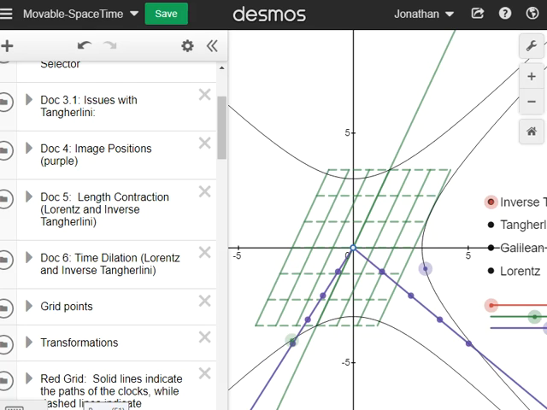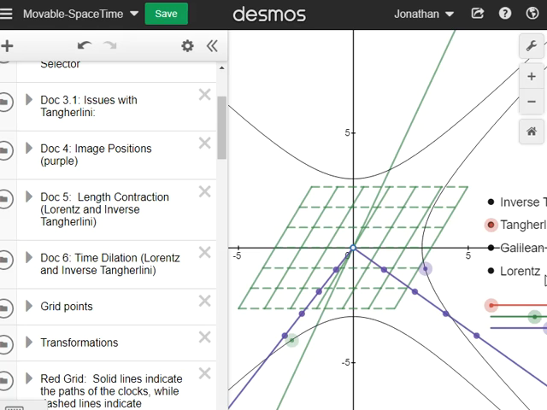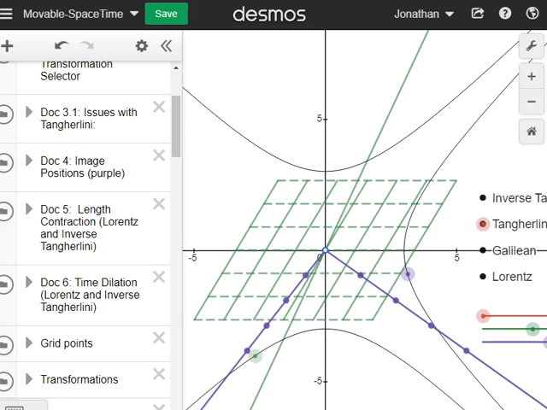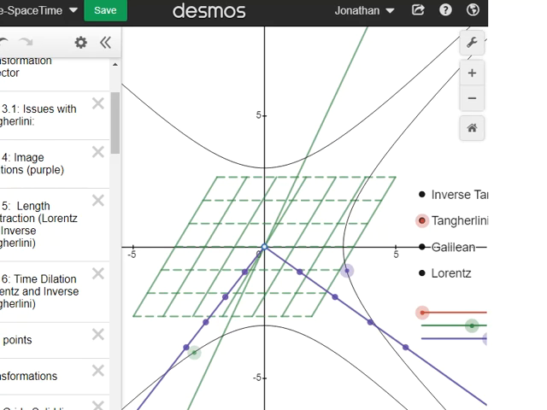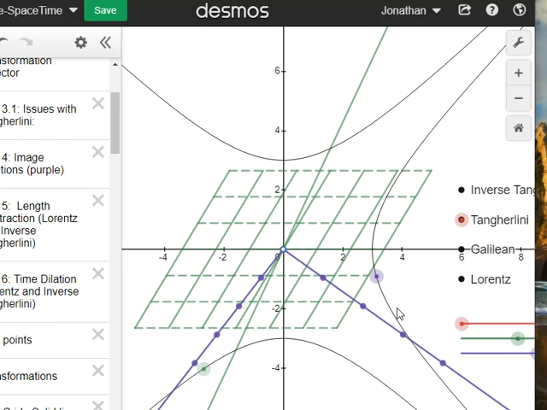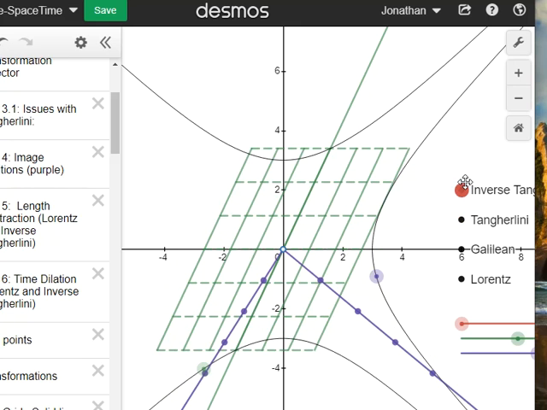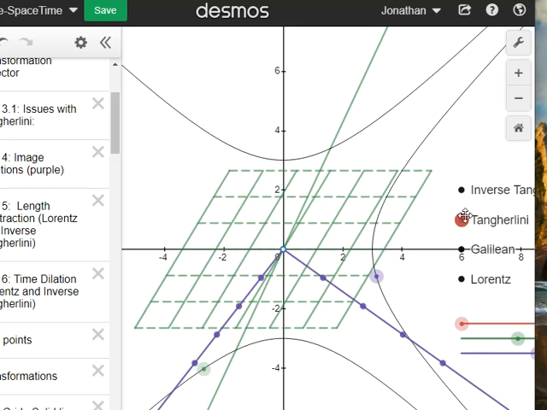And just to make the note here, the Tangerlini transformation is essentially the inverse of the inverse Tangerlini transformations, which means it basically does time undilation and length uncontraction.